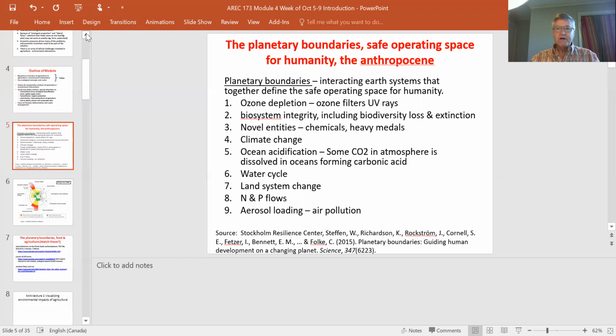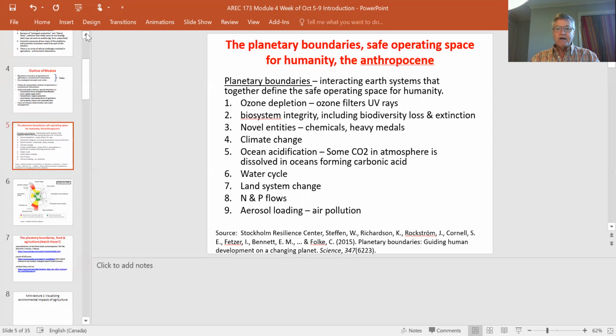Ozone depletion. Ozone filters ultraviolet rays. If we deplete the ozone layer, the atmospheric layer, then we're going to be more exposed to ultraviolet rays and the health and ecosystem consequences of that.